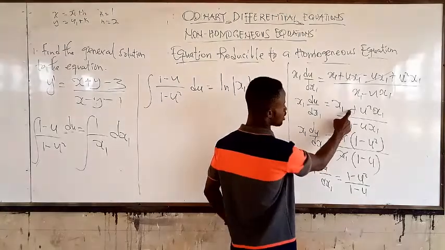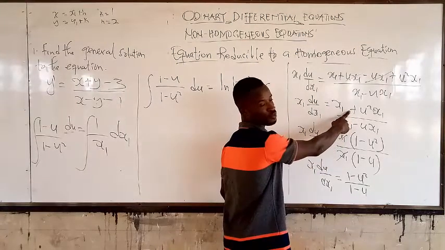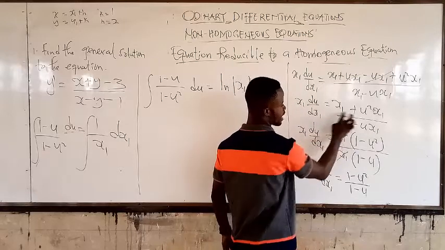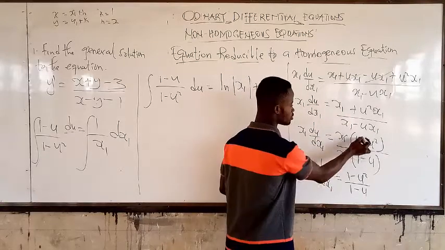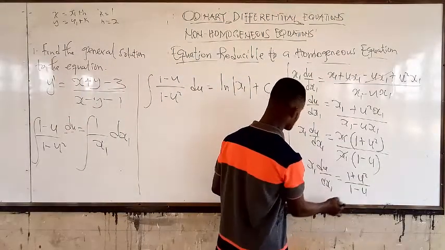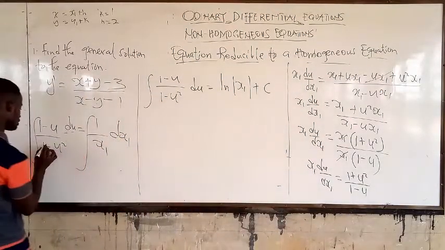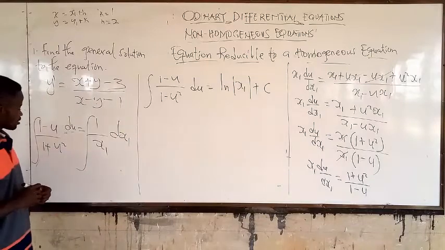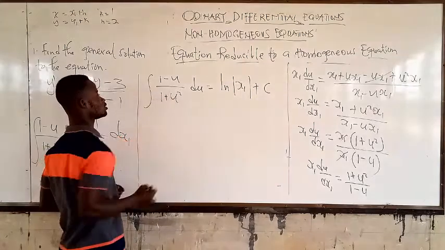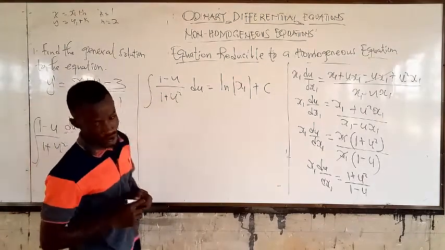Oh, we even made it plus, but when factorizing the x1, then we change it to minus. It's plus. So here is plus, and here is plus. I'm sure you also see that. Here is plus. Very good.